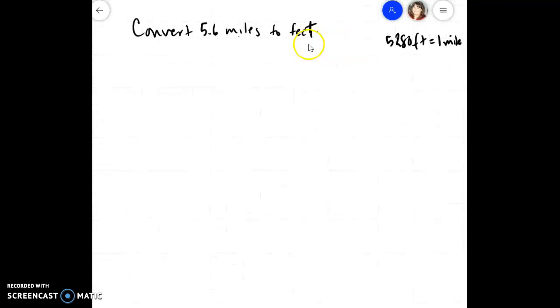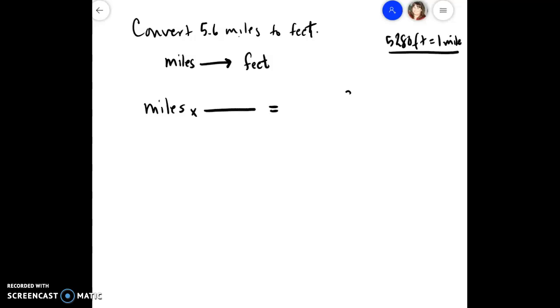In the next one, it says convert 5.6 miles to feet. So again, when I start these dimensional analysis problems, I want to start by making my map. Can I go directly from miles to feet? Yes, I can, because I have a conversion factor available. So I'm going to start with miles, multiply it by something, and then I'm going to get to feet.